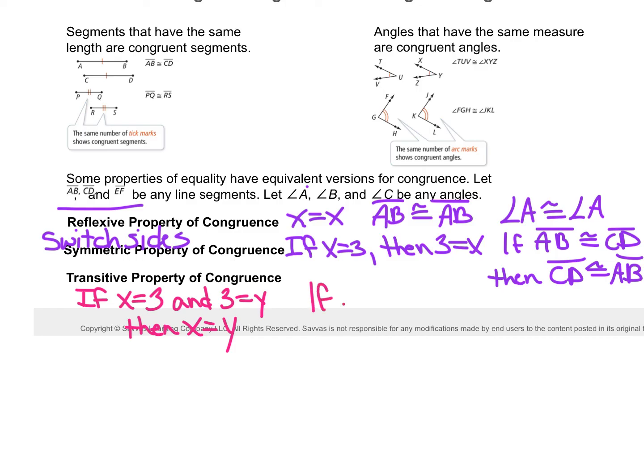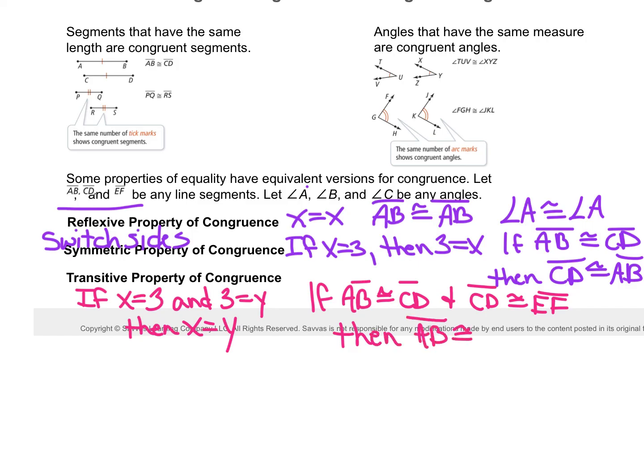Or if AB is congruent to line segment CD, and CD is congruent to line segment EF, then AB is congruent to EF. So that's the transitive property.